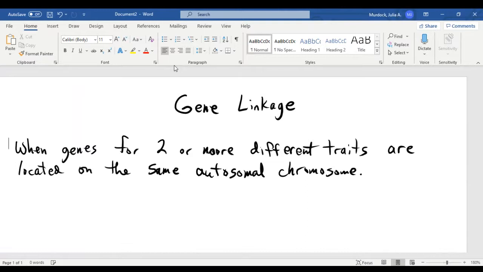An autosomal chromosome is a chromosome that is not a sex chromosome. That's all it is. So one of the other 22, right?